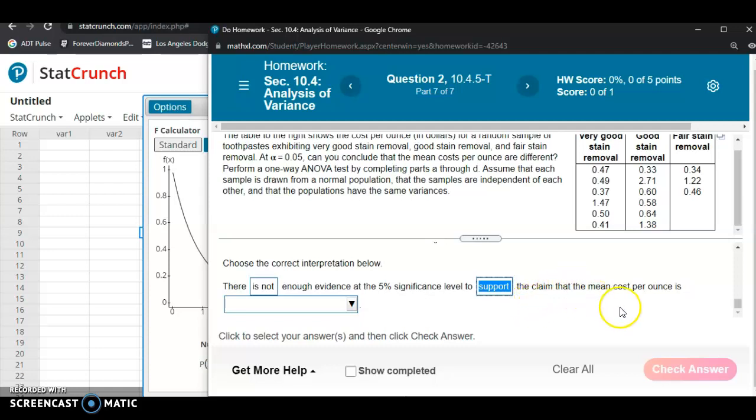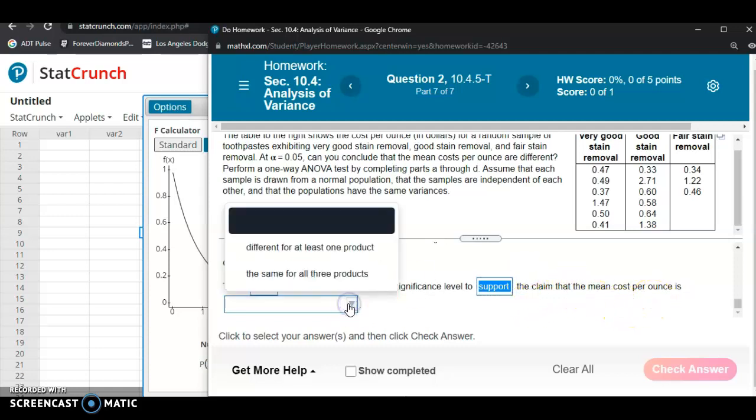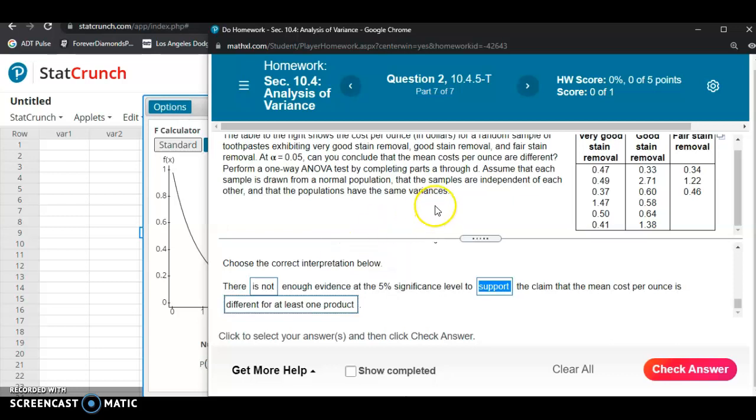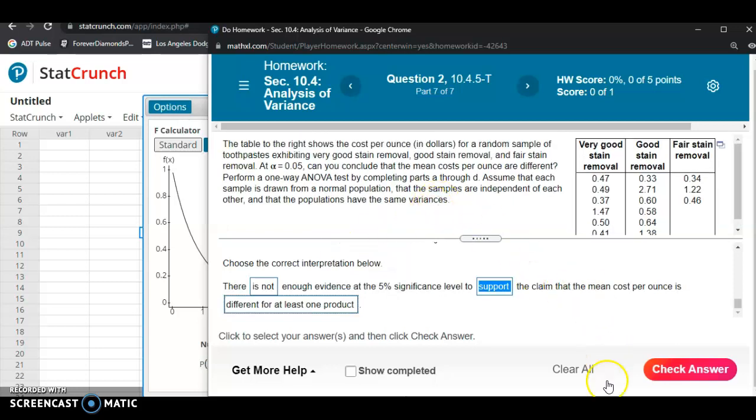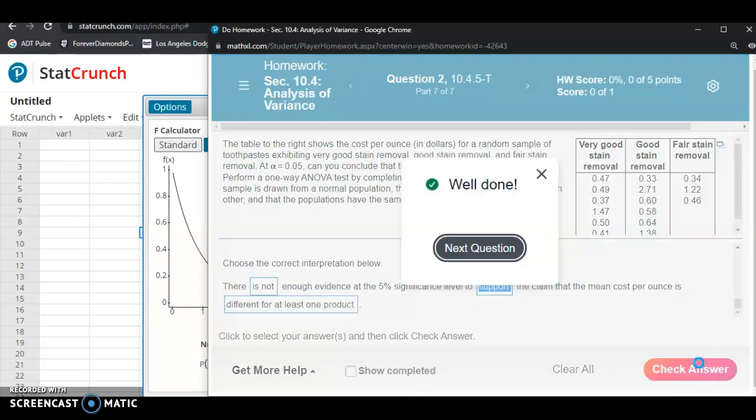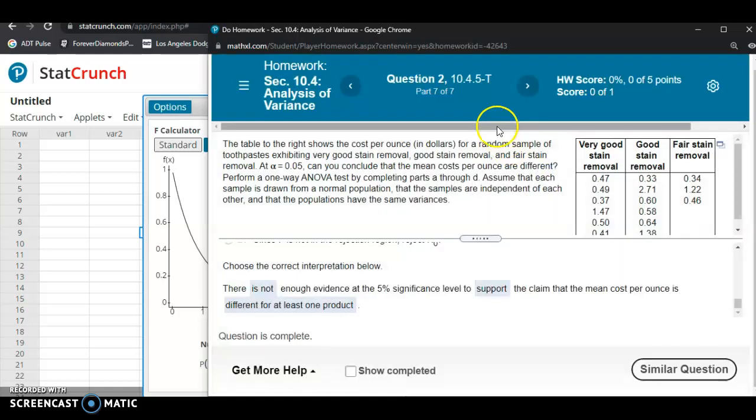So to support the claim that the mean cost per ounce is different for at least one of the products. Okay, and we've completed question 2 in the homework for section 10.4. Thank you for watching.